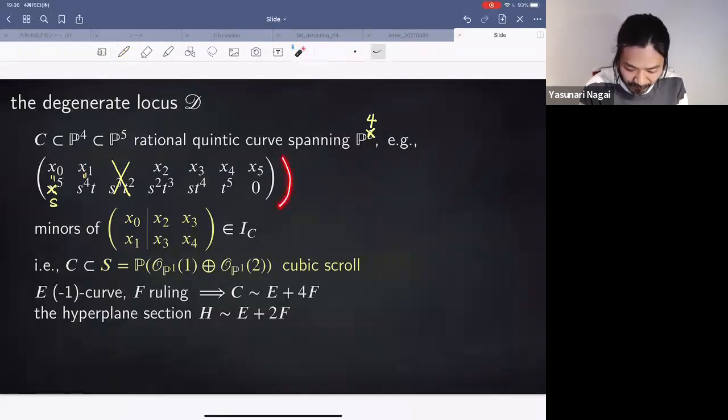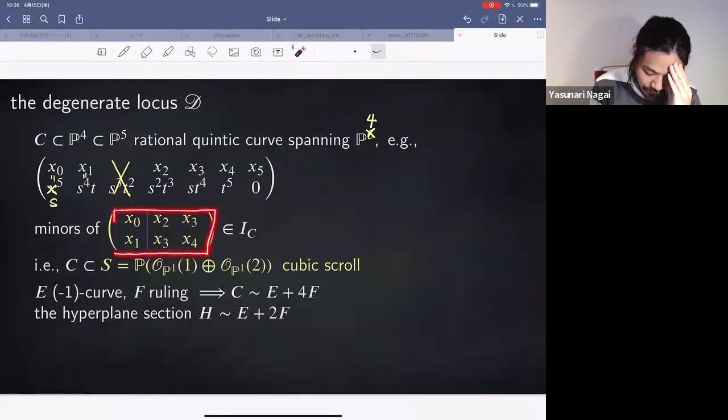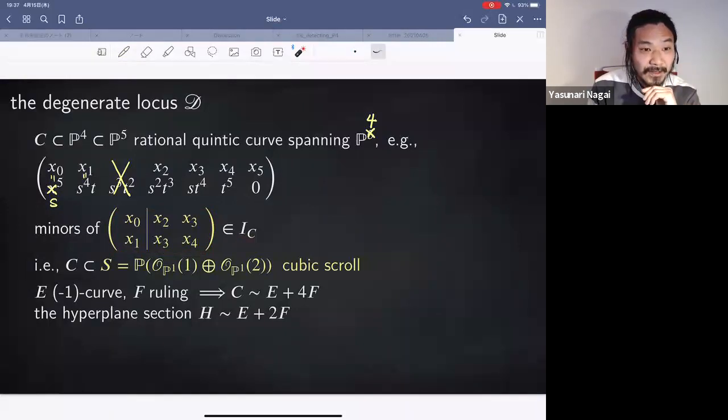And from this parameterization, you can easily see that the minors of this 2 by 3 matrix are in the homogeneous ideal of the rational curve C, meaning that C sits on a cubic scroll naturally embedded into P4.